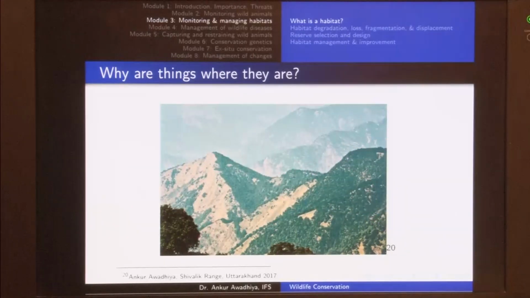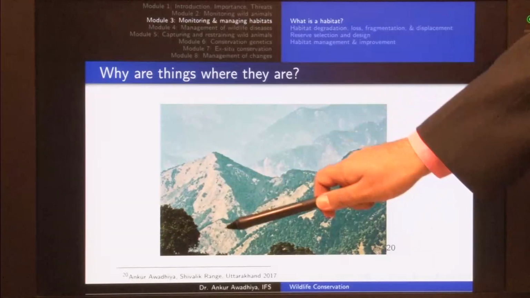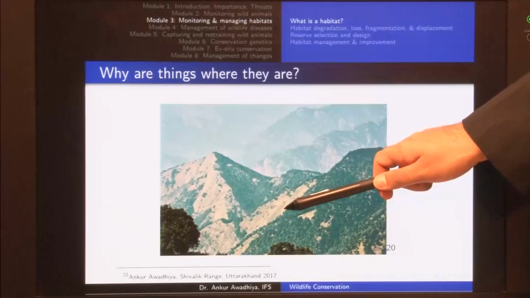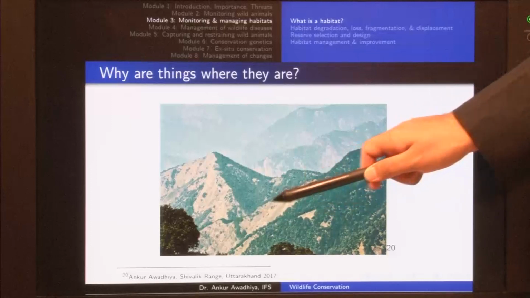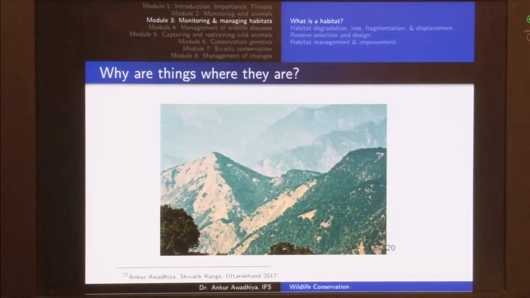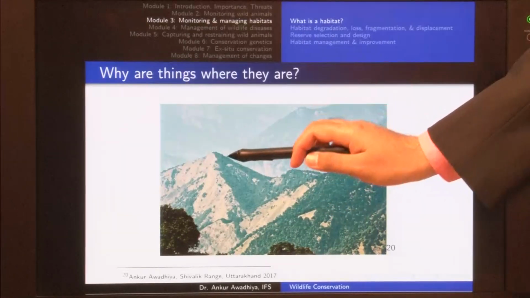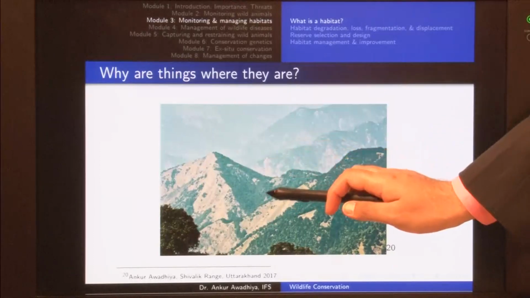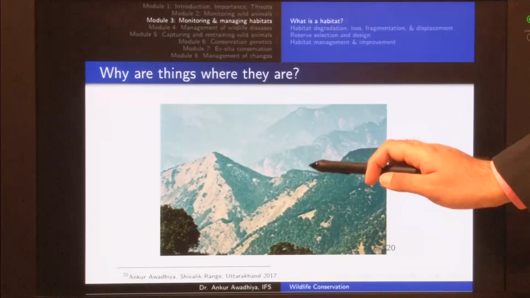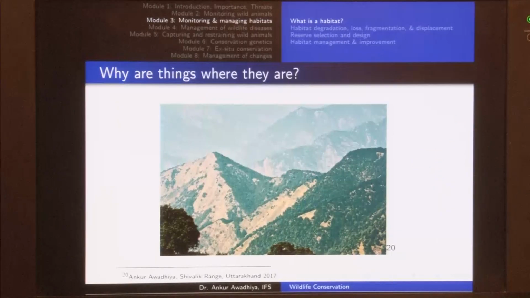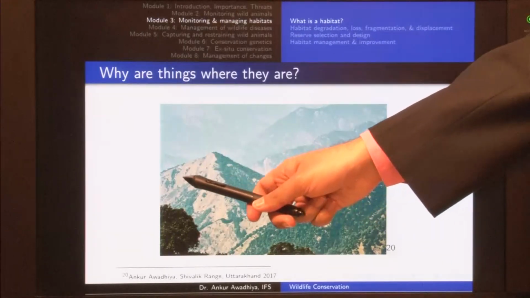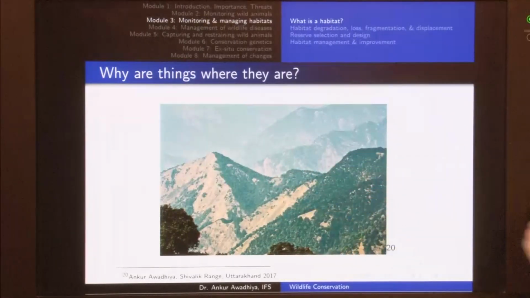Another thing could be that in the case of these slopes, this is a southern facing slope, so this would receive sunlight for most part of the year, whereas these areas, because this becomes an eastern facing slope and this becomes a western facing slope, do not receive sunlight throughout the day, and in such situations we observe that these areas which are perennially lit with sunlight lose quite a lot of moisture.